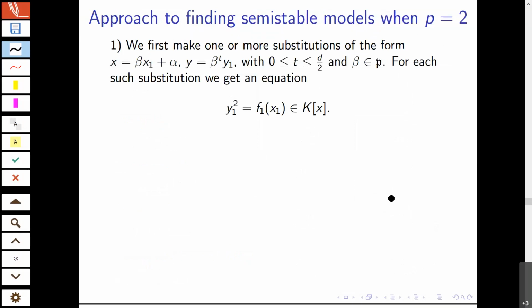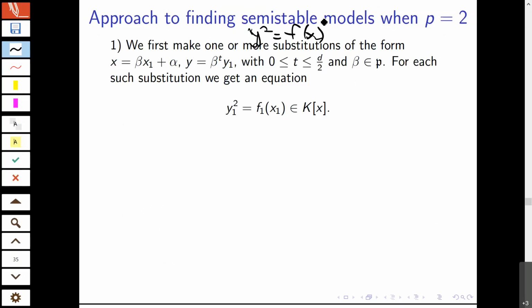So the first thing you can do with y squared equals f of x, remember this is what we started with, you can translate and scale x, and also scale y in the process. We call alpha the value you translate by, and beta the value you scale by. They can be values which are algebraic over k.